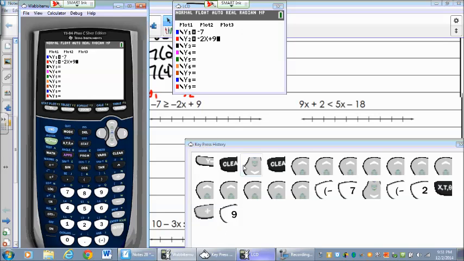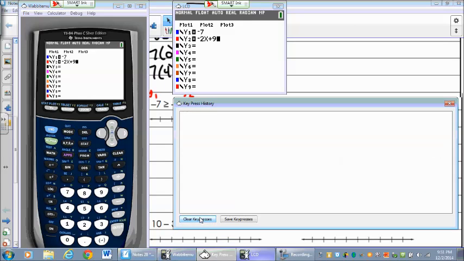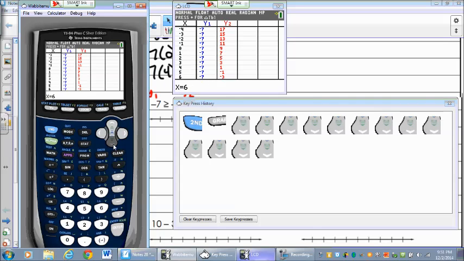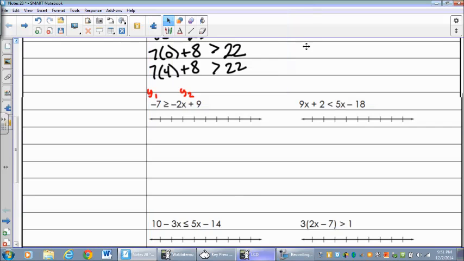Okay, I have my two equations in. I'm going to hit second and graph. And I'm looking for -7, which is close to the bottom of my screen. So that means I'm going to go down. And there's my -7. Both are -7, and the x is going to be 8.